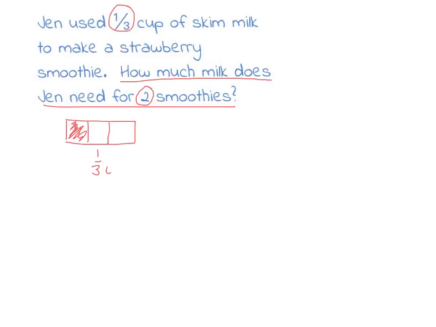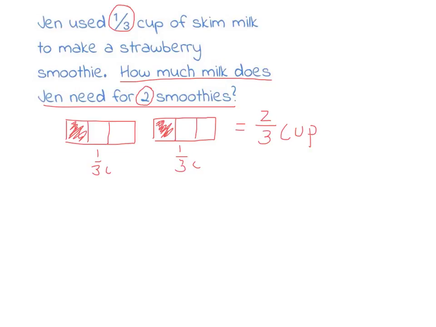And since she's making 2 smoothies, I'm going to draw a second fraction bar and break it up into 3 equal parts and shade one out of the 3 equal parts to represent another 1/3 cup. So by looking at my picture here, I can see that there are a total of 2/3 shaded. So Jen would need 2/3 of a cup of skim milk to make her 2 smoothies.